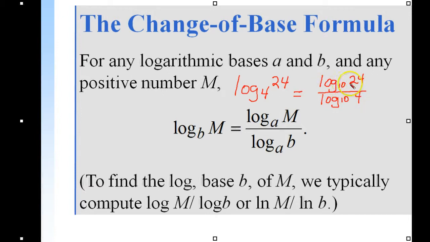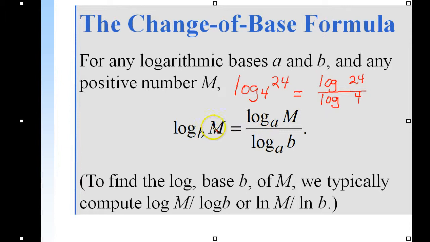You put this information in, and keep in mind that you don't have to put base 10 there. You just go log 24, often you have to put a parenthesis, divided by log 4, and you put another parenthesis and hit enter, and that gives you the answer.